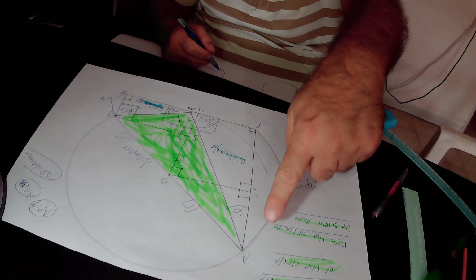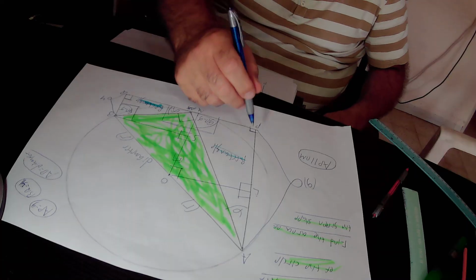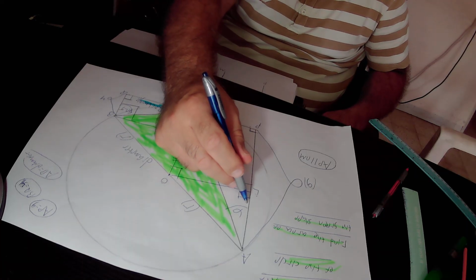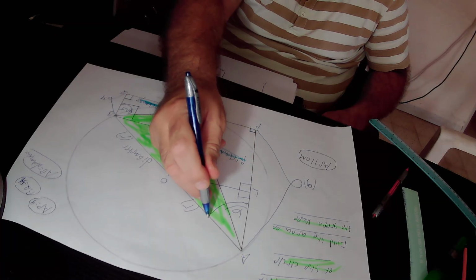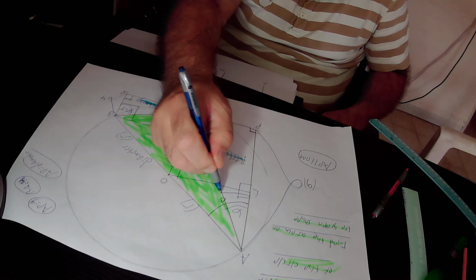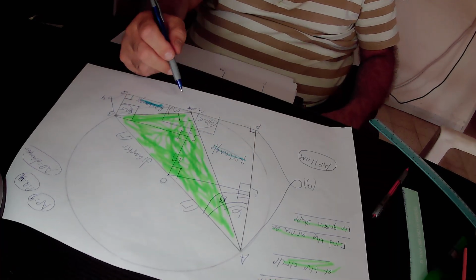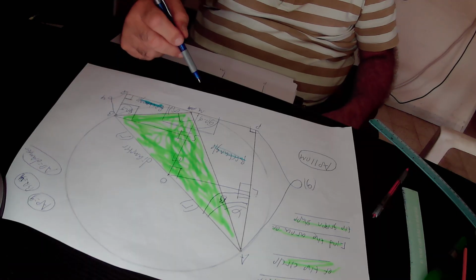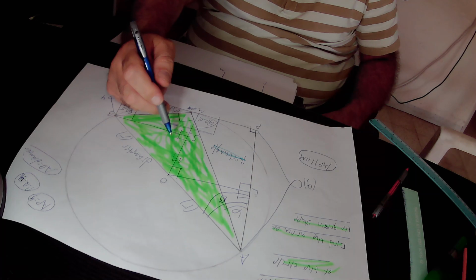This is the big angle PAO that equals beta, and this is angle MOB that also equals beta.